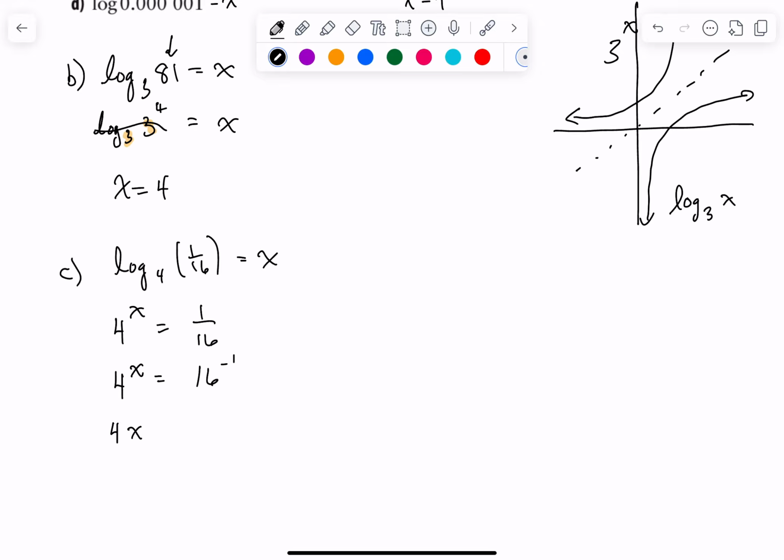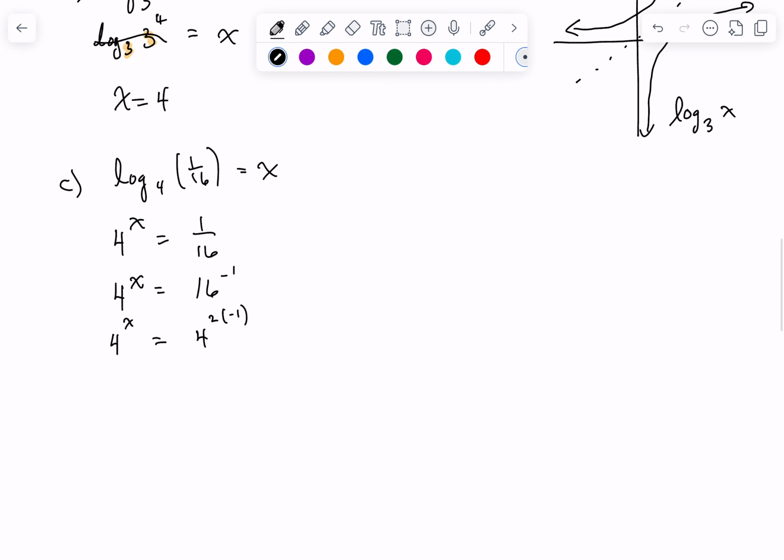The game here is to get a 4 on this right side. 4 to the something is going to give me 16, and that something is going to be 2. Then this has to be multiplied against the negative 1. When I do that, we can drop the bases out, and we're left with x is equal to negative 2.